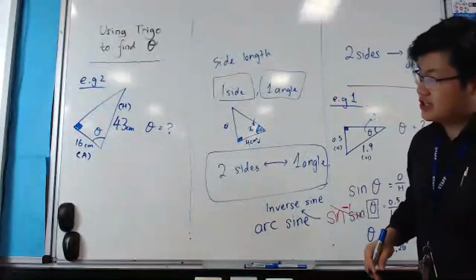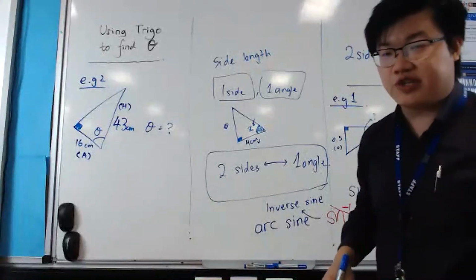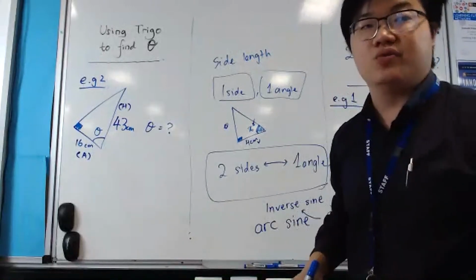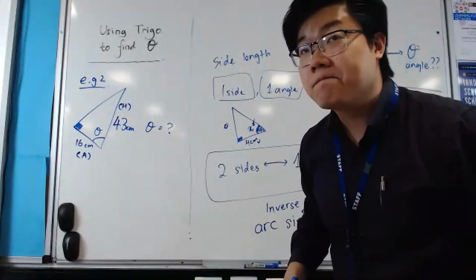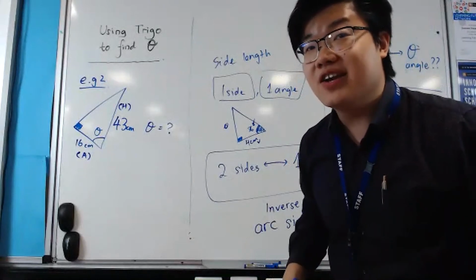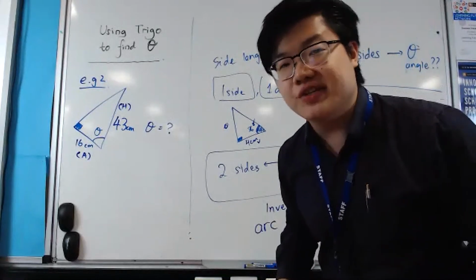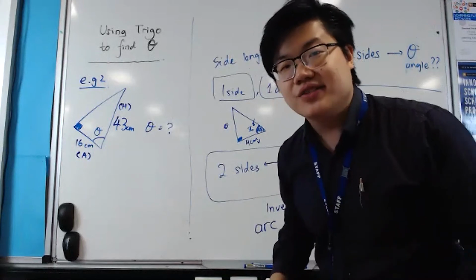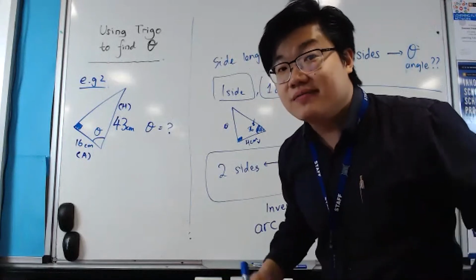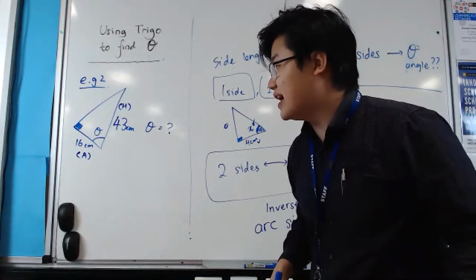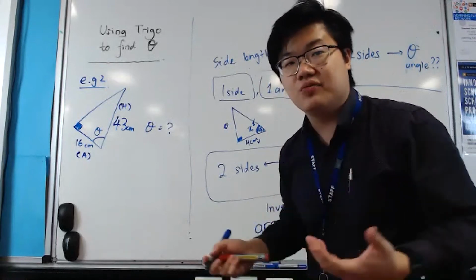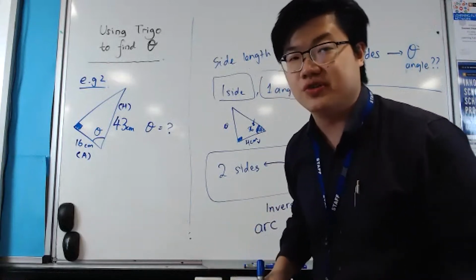Alyssa, tell me, which trig ratio should I use? Sine, cos, tangent? Which one? You've got A and you've got H. Which trig ratio should we use?